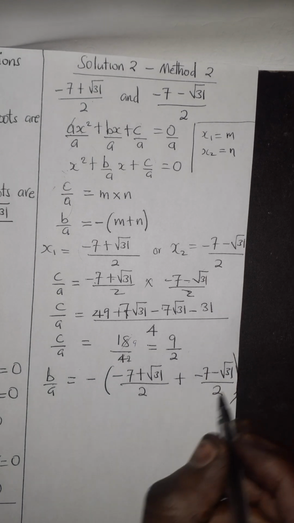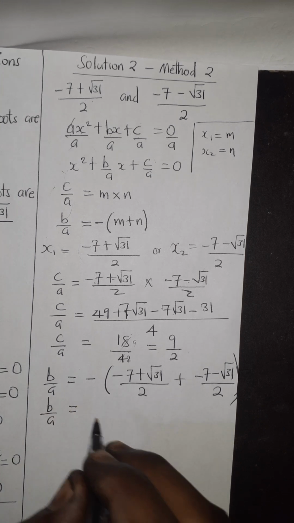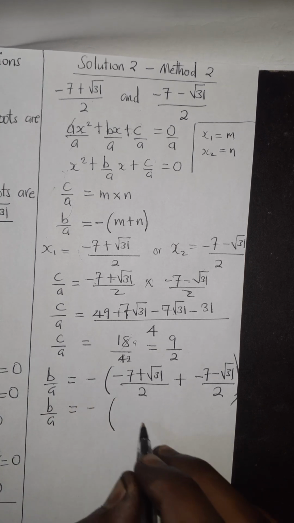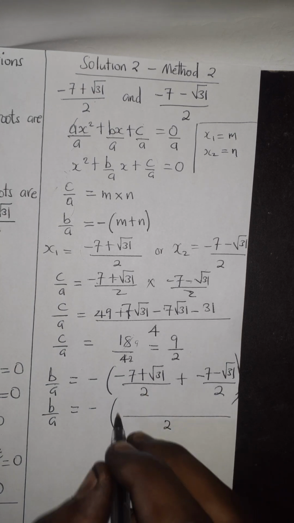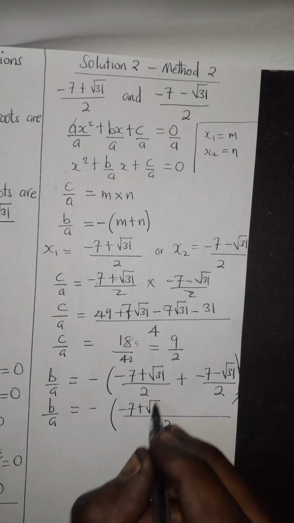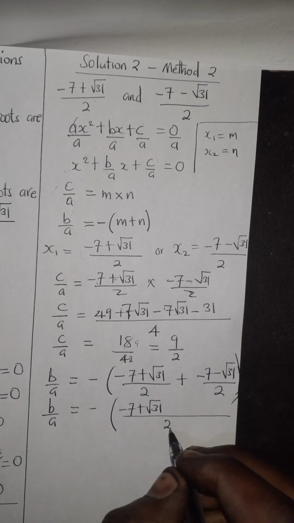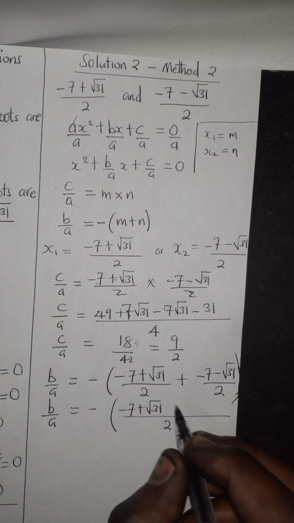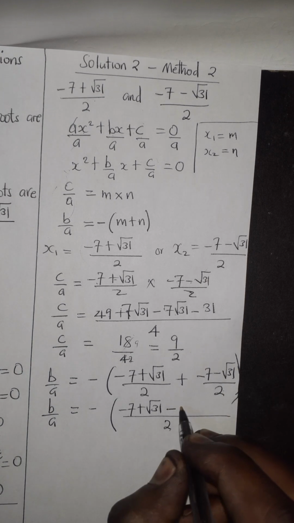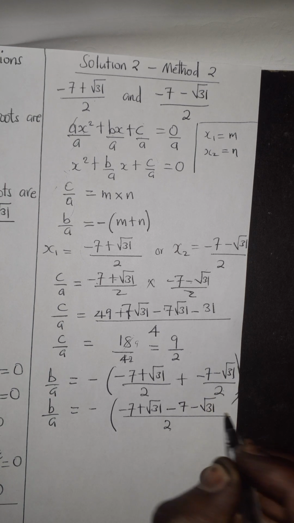Now we are negating this one. So b over a in this case is equal to negative. We find the common denominator, which is 2. This gives negative 7 plus root 31, and this gives 1 times the whole numerator, minus 7 minus root 31.